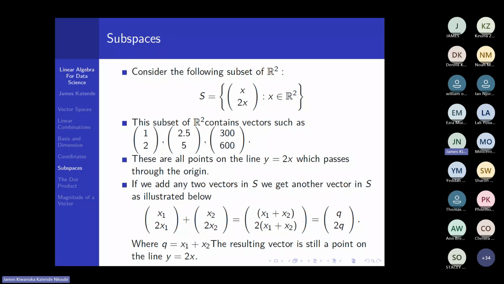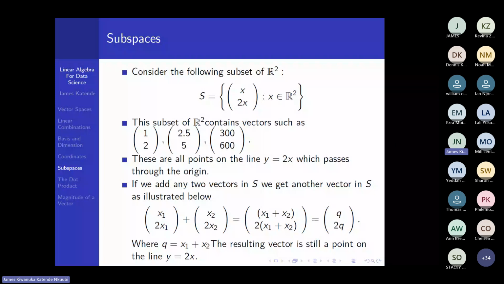So the result is still a vector in the set S, right? The y coordinate is twice the x coordinate. Adding two of them still gives us another vector on the same line, the line y is equal to 2x. So first property is done.